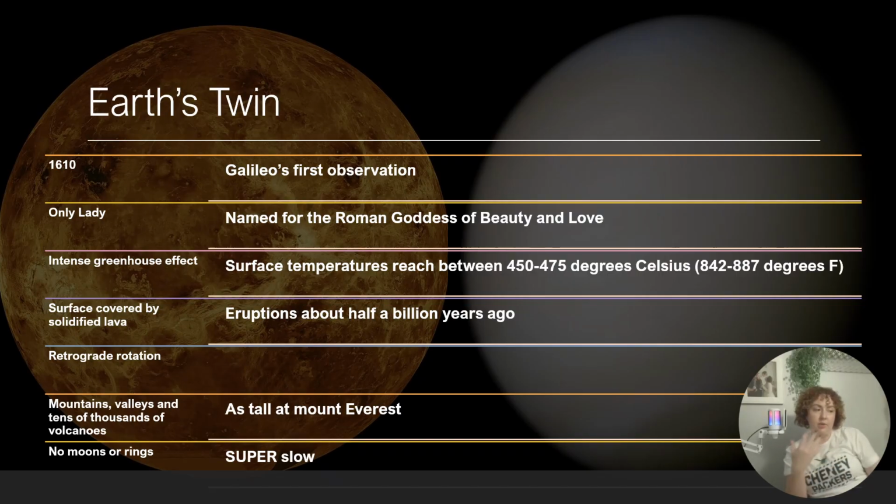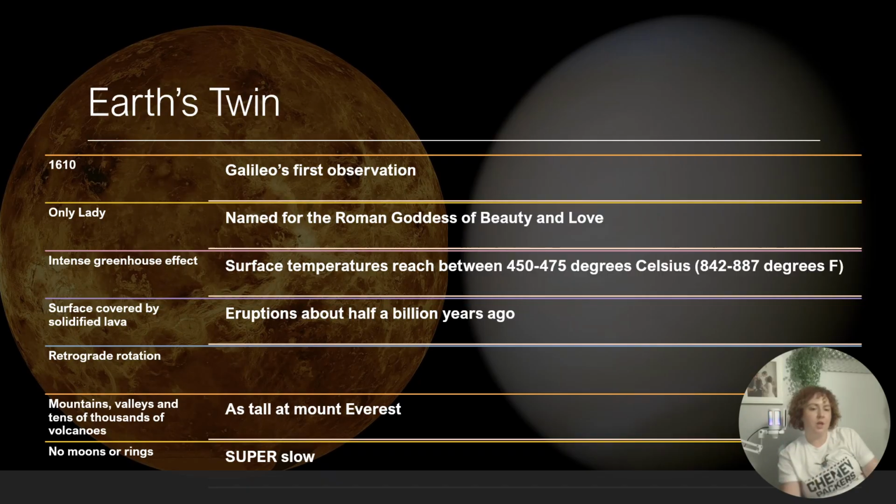In particular, this is how we maintain our moon. Venus rotates so slowly that it cannot maintain its own magnetosphere, which is huge. So no moons, no rings. It just moves really, really slow. Really odd that it actually has stayed where it needed to for so long.